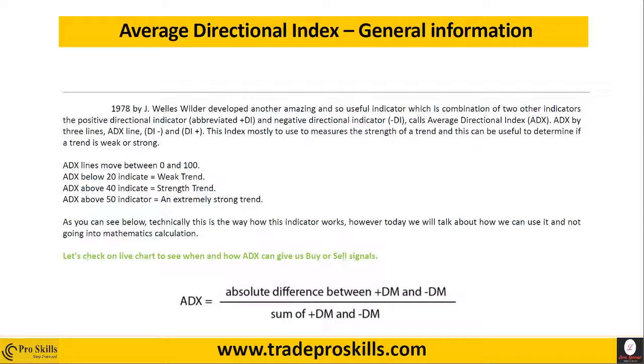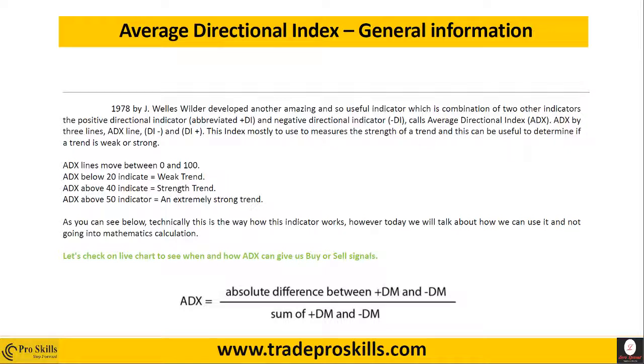This indicator was developed by Mr. Wilder in 1978, and you can use it for any kind of symbol in the market. This indicator moves between 0 and 100, and we have three lines: the ADX line, DI plus, and DI minus.